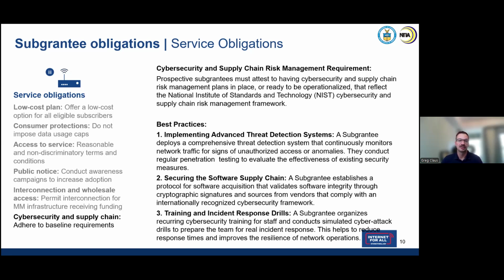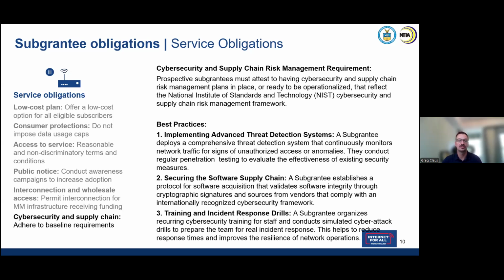Implementing advanced threat detection systems. What does that look like at your system level, at your network level? Are you conducting regular penetration testing to evaluate the effectiveness of existing security measures? Securing the supply chain, securing the software supply chain. So this is, where are you purchasing your software from? Same for hardware.